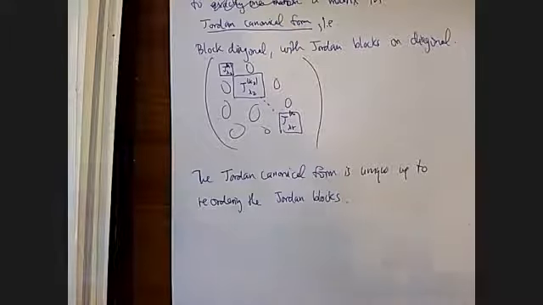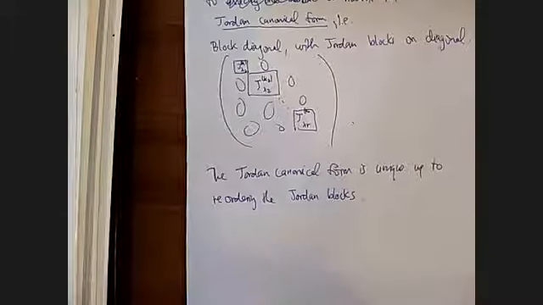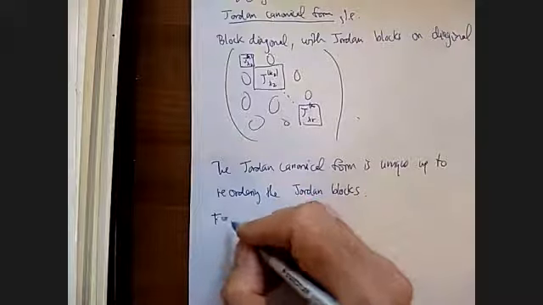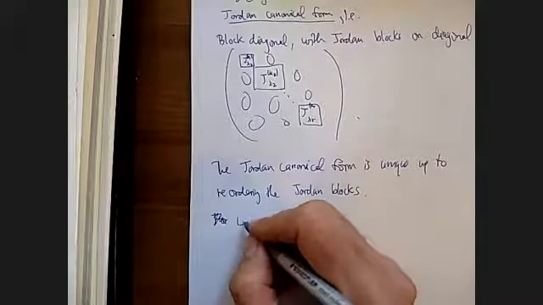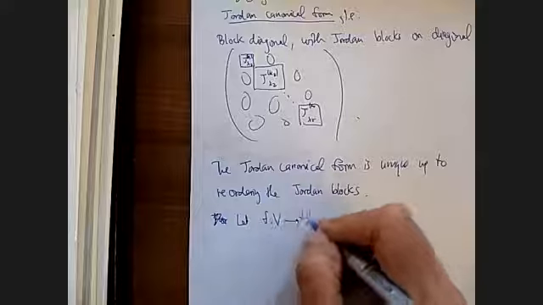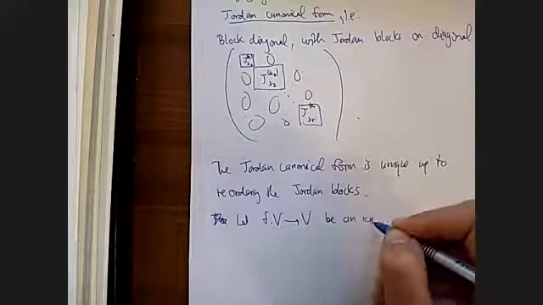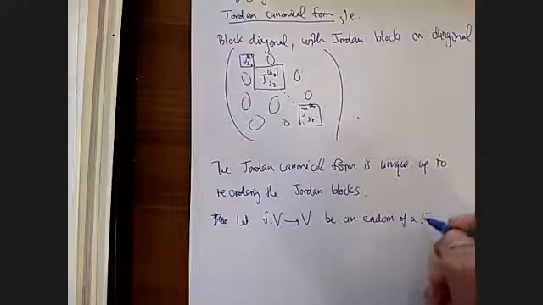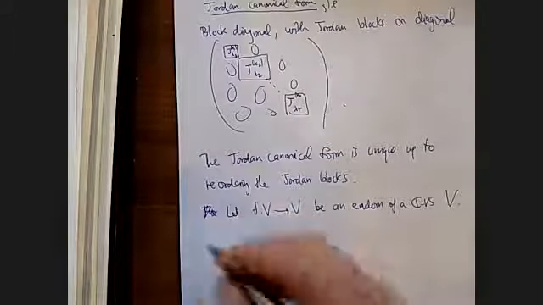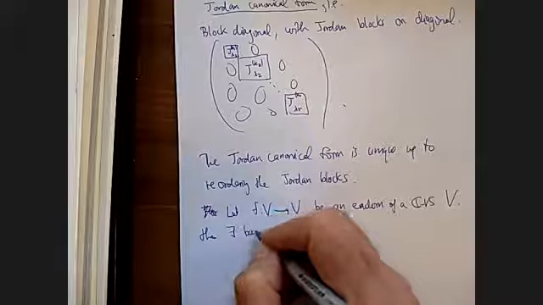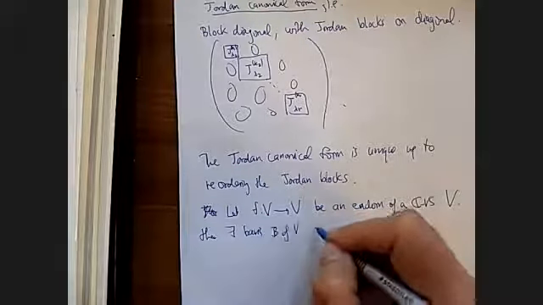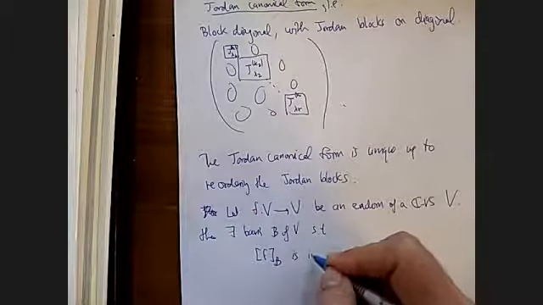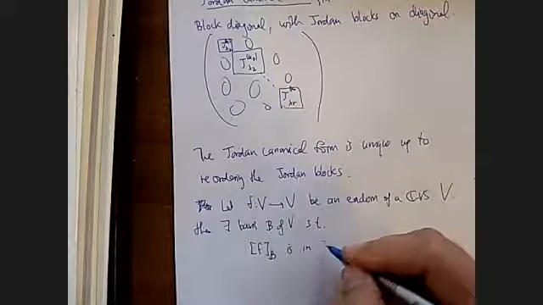Okay, so that's the theorem about Jordan canonical form. We can write what this says for endomorphisms. So let f from V to V be an endomorphism of a C vector space V. Then there exists a basis B of V such that the matrix is in Jordan canonical form.